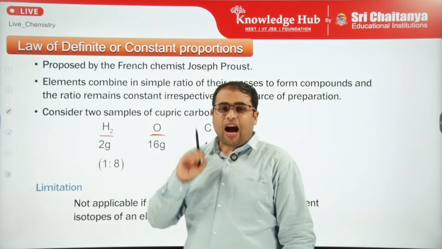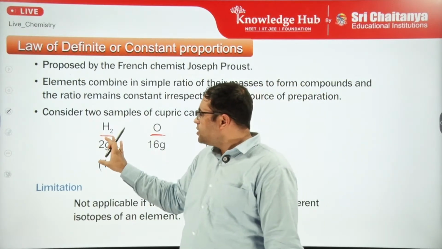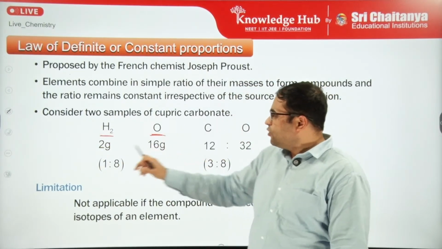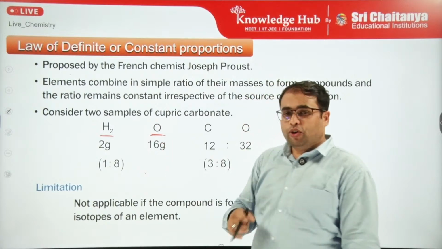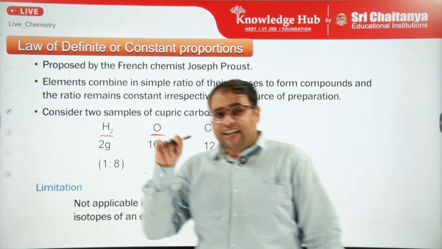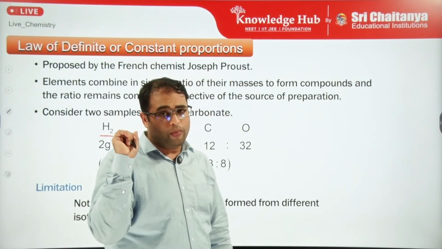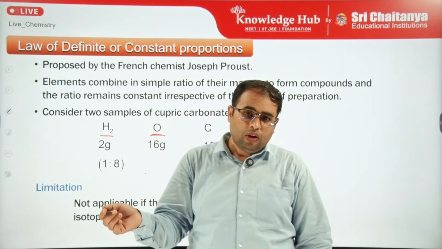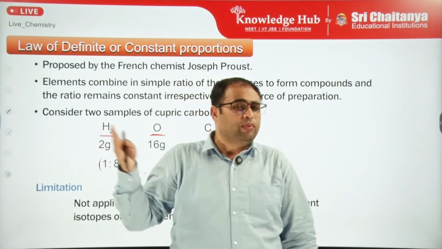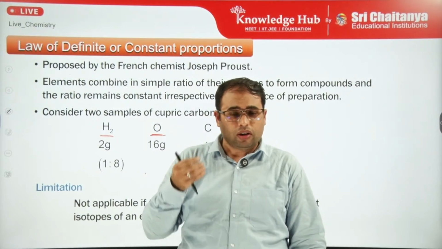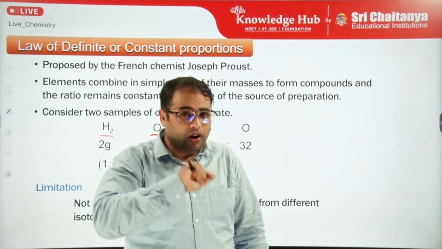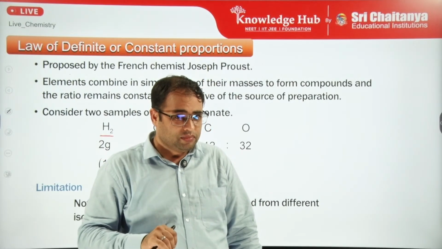So mass of hydrogen in H2O is, you have 2 hydrogen atoms, so 2 grams. Mass of oxygen is 16 grams. If you take the ratio, cut by 2, you will get 1:8. This is the ratio, right? Now, if I take this water from a river, from my tap, or from the drainage, or from the sweat that I am having right now, the formula of water will remain the same, right?